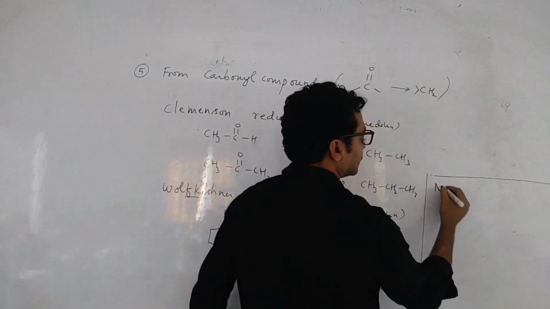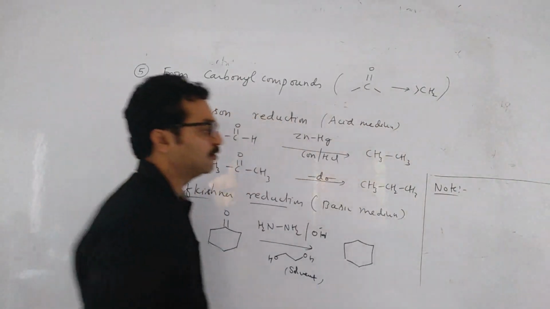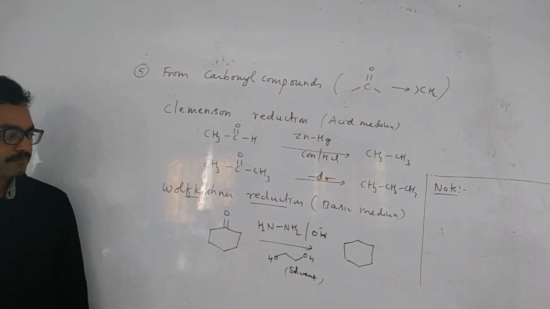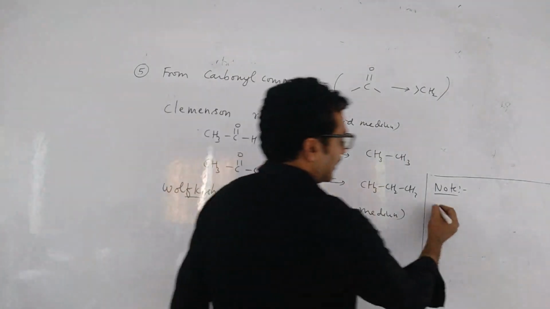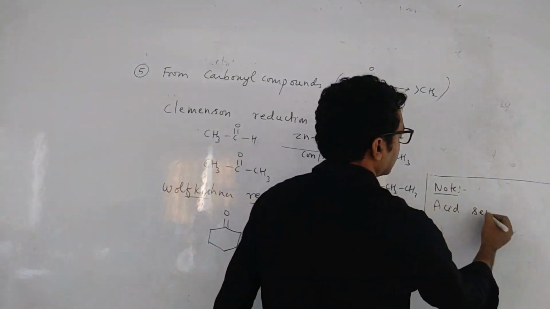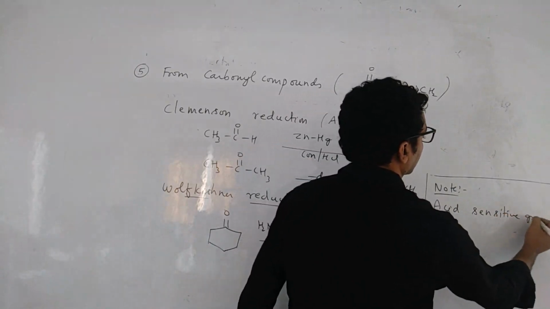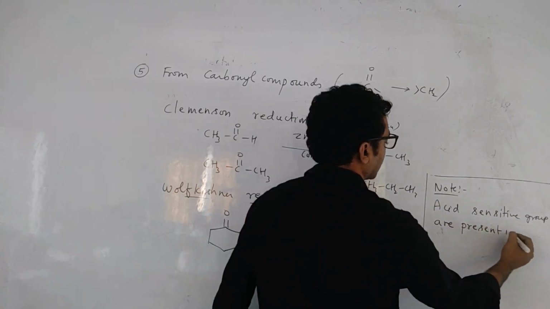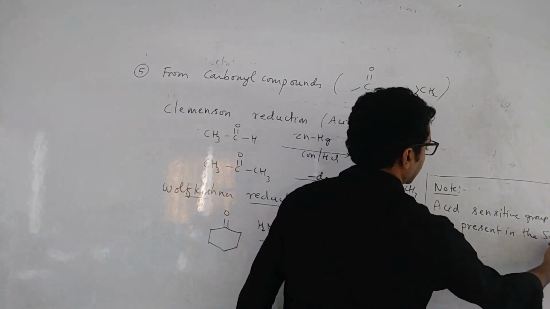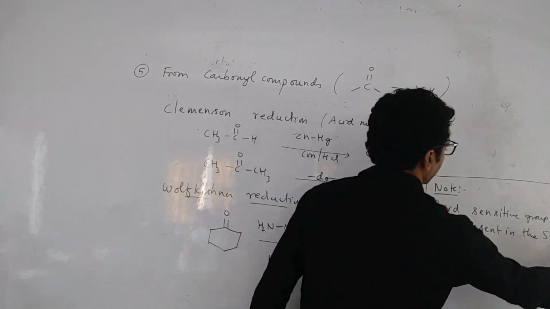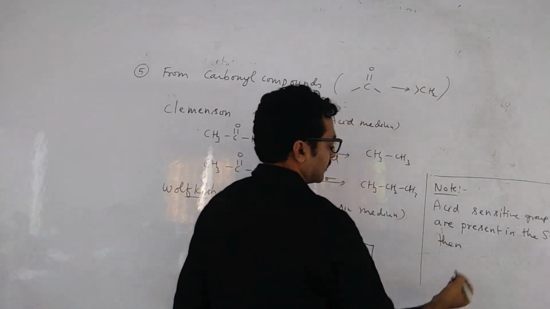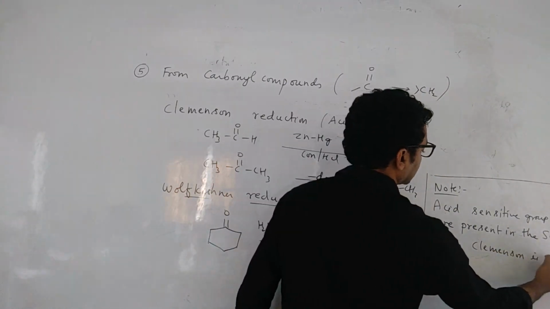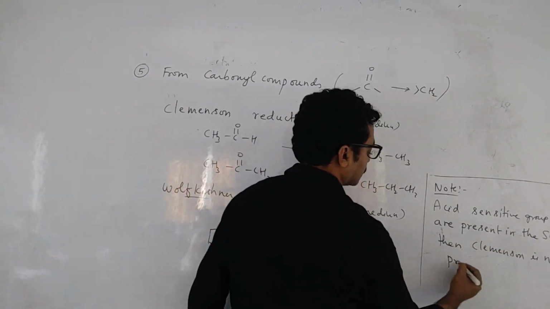Whenever acid sensitive groups are present in the reactant, in the substrate, then Clemmensen reduction is not preferred, we should not use it.